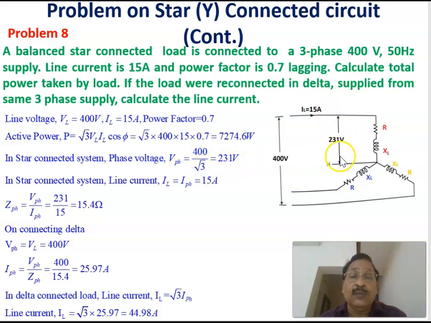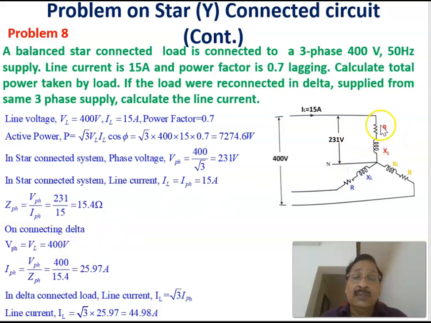The line current is given as 15 amperes, which is the same as the phase current. The impedance is given by phase voltage divided by phase current, 231 divided by 15, or 15.4 ohms, which is the impedance per phase.